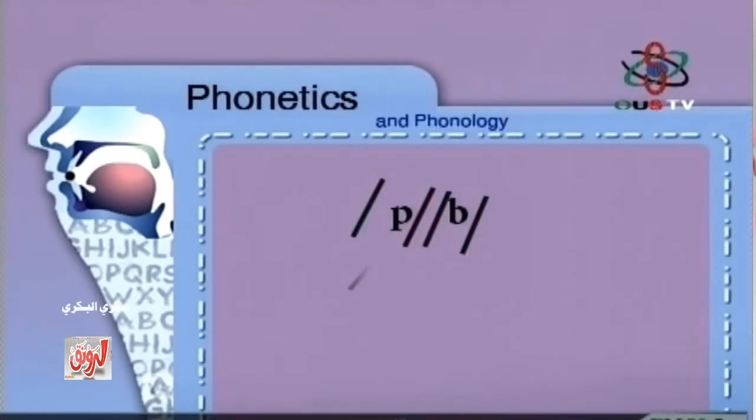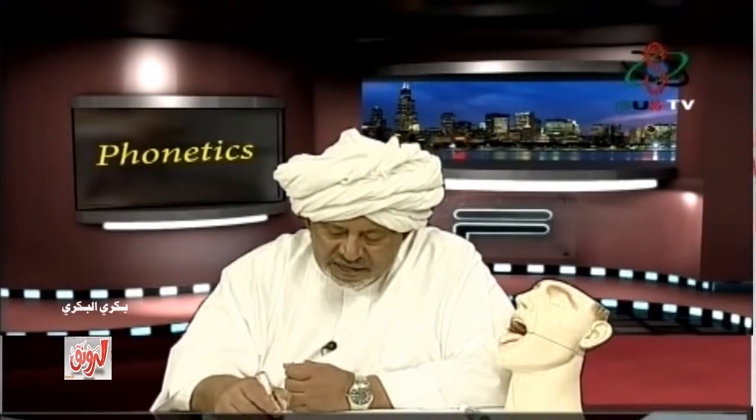Now, what about the ta and the da? Ta, da, ta, da. It is the tongue against the teeth, against the alveolar. So I call these stops. These are bilabial, these are alveolar sounds. Again I have the ka and the ga.